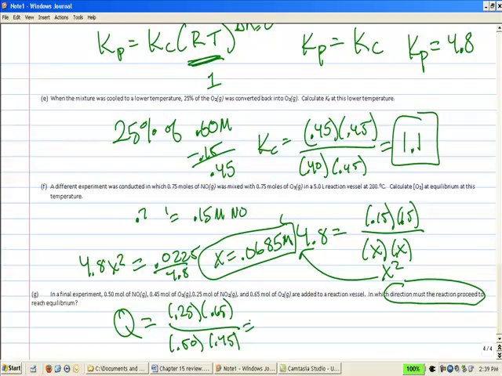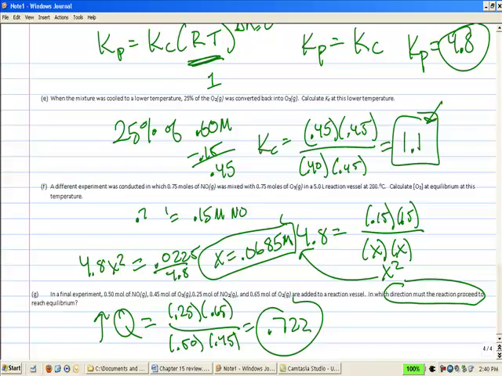So 0.25 times 0.65 divided by 0.5 divided by 0.45 gives us a Q value of 0.722. Now in this case, they do not give us a new temperature, but it doesn't matter which one it is. The Q value is less than the Keq value, which means Q has to go up to reach Keq.